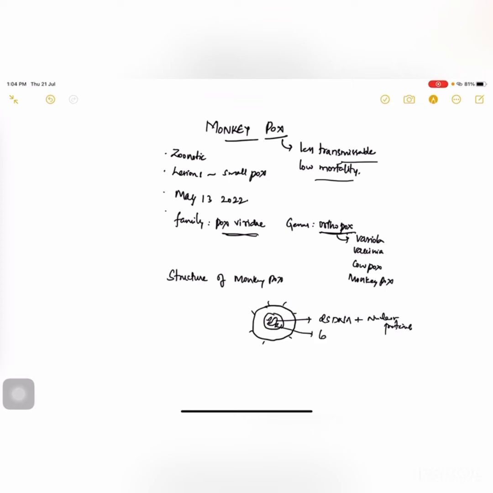These are the lateral bodies. This is the outer envelope. So this is the basic structure of the monkeypox virus.